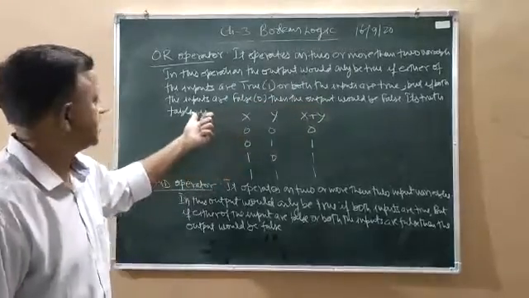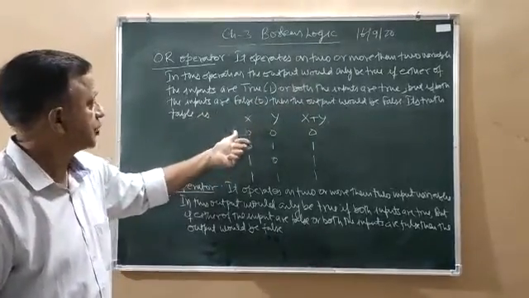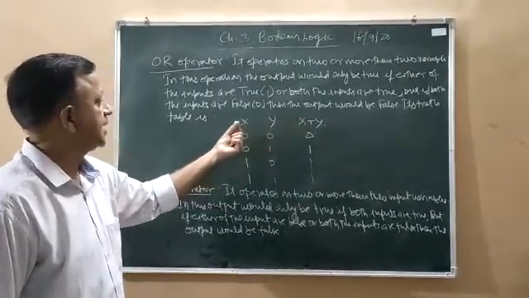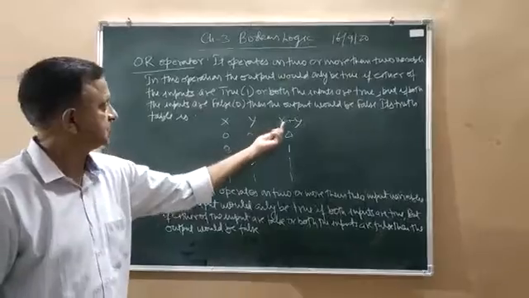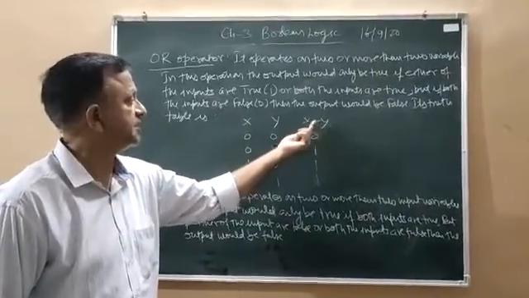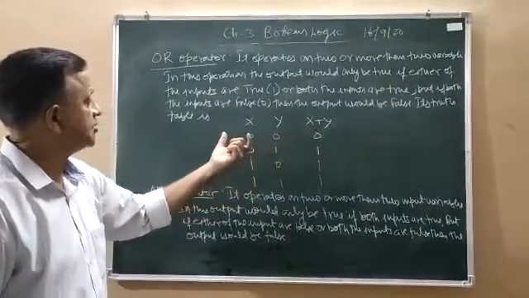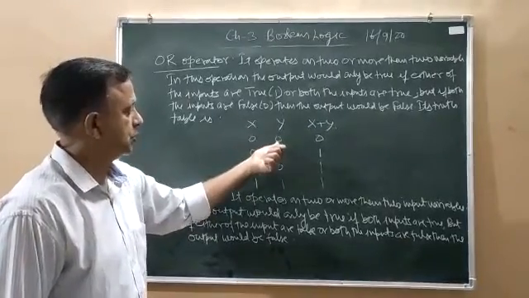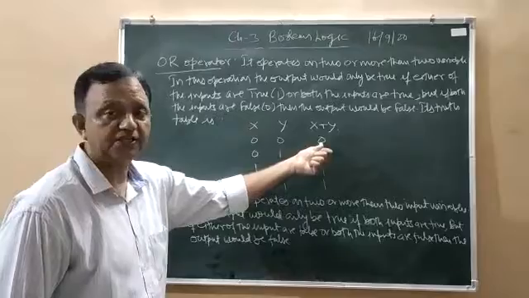Its truth table is as follows, that is, for X and Y, for example X plus Y is your expression. This is your OR operator between these two variables, that is X plus Y. Now your possible combinations would be, first combination would be 0 0, then its output would be 0.